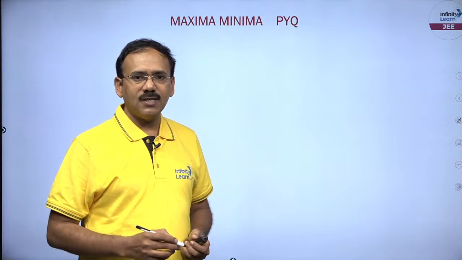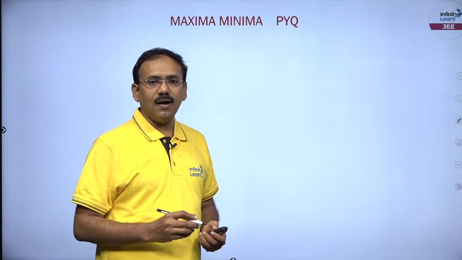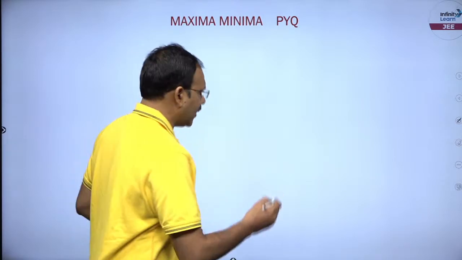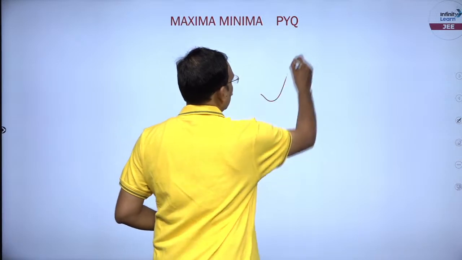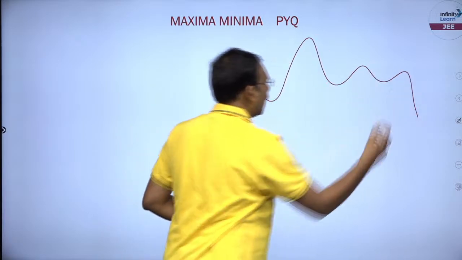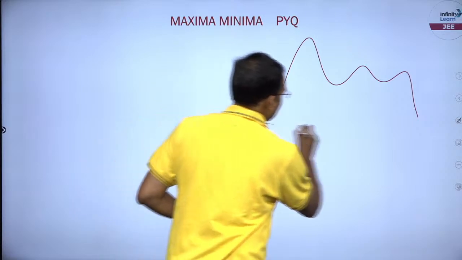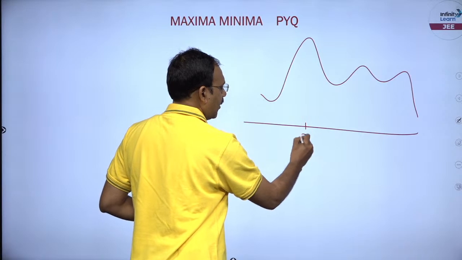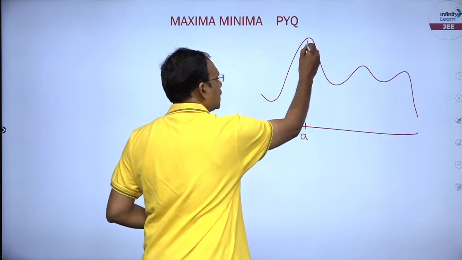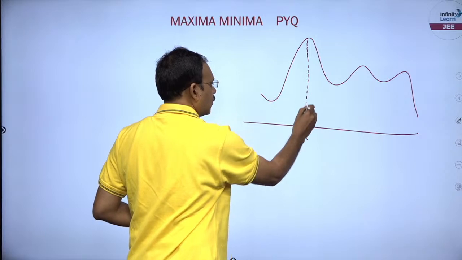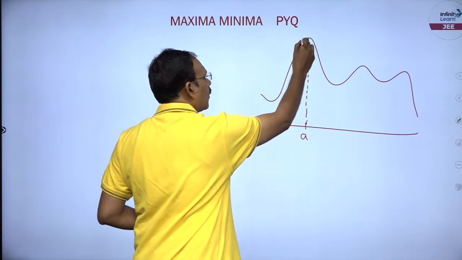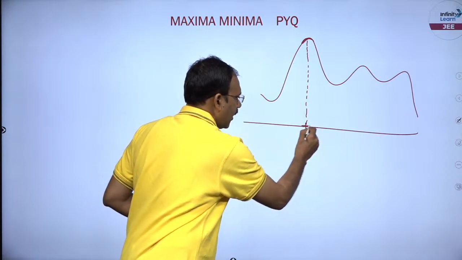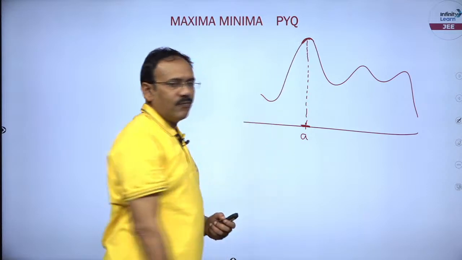Point number 1, friends, here maxima or minima means local maxima, local minima. For example, if you take a function whose graph is like this, suppose this is the x axis. Suppose this point is A on the x axis, here this function is going to have local maxima. Local maxima in the sense that in the surroundings of A, it is taking maximum value.